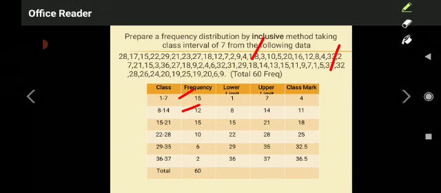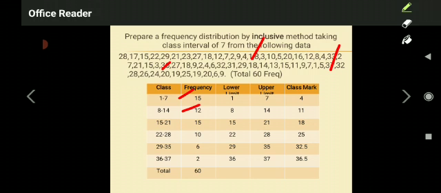2 means one is 36 and one is 37. Look at the data. One is 37 and here it is 36. So 36 and 37 are the two observations, two frequencies between the 36 to 37 class interval.